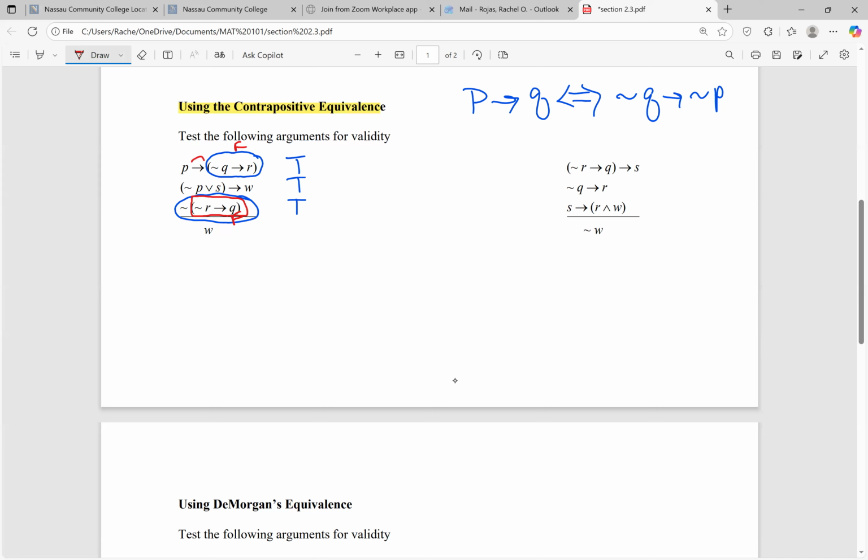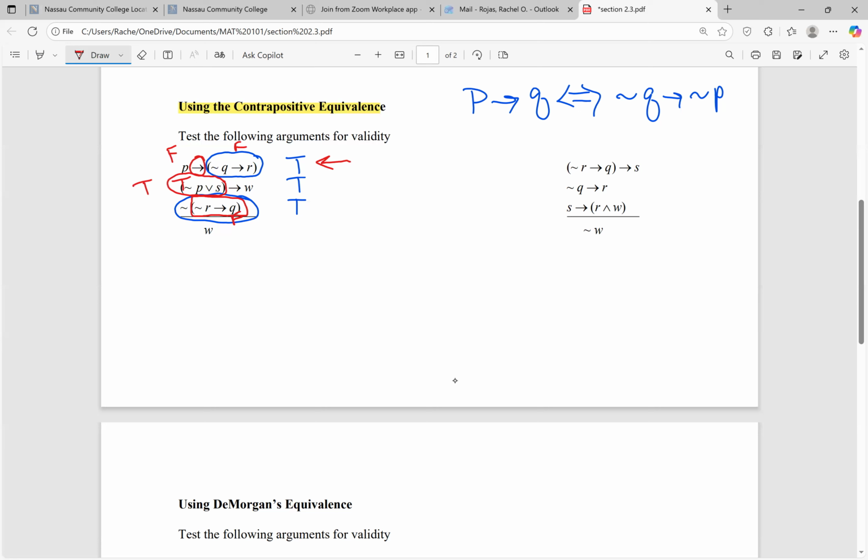And the only way a conditional statement can be true if the right-hand side is false is the left-hand side has to be false. So that makes P false. And then not P, which is right here, would be true. And it's in an or statement, right? So that automatically makes the left-hand side of this conditional true, since half of the or statement is true, right?